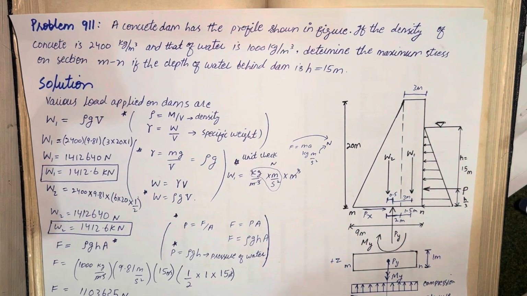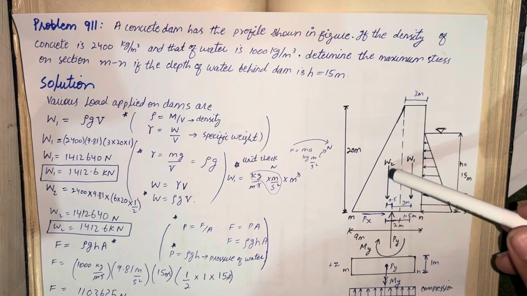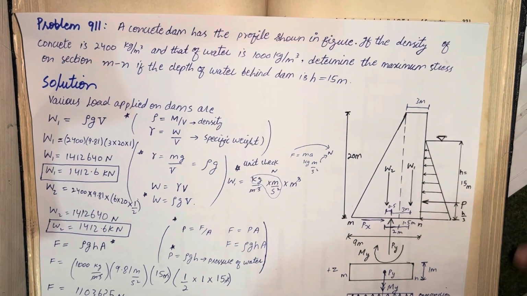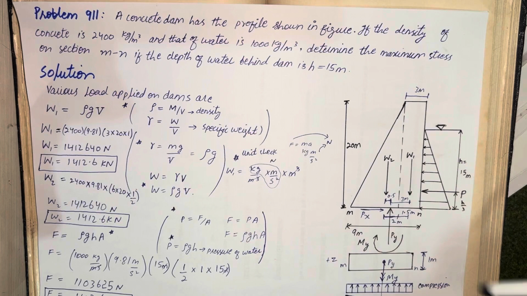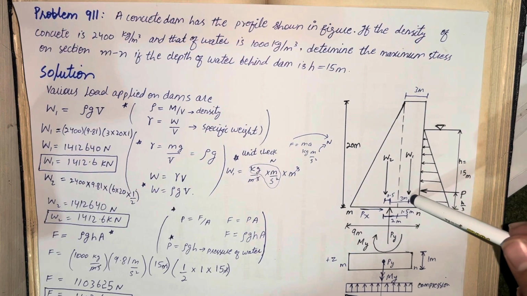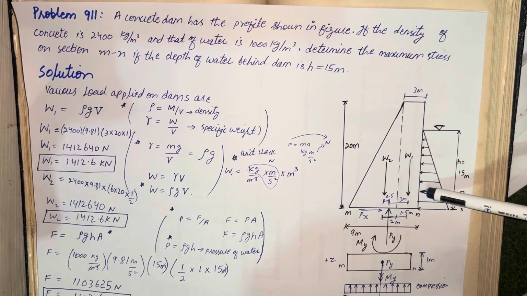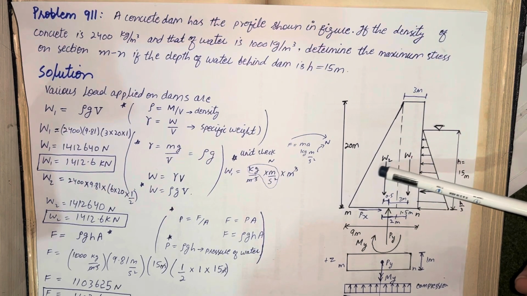So let's discuss these forces. We have these two weights acting downward, and as a result of these there will be a reactive force in the upward direction. When we look into this P force, this P force is rotating this dam.